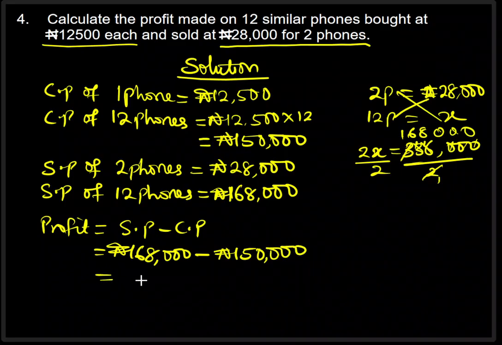All right, so that will give us 18,000 naira. If we subtract, we get 18,000 naira. So that becomes our profit, and we are to stop at the profit. We are not to find the percentage profit.